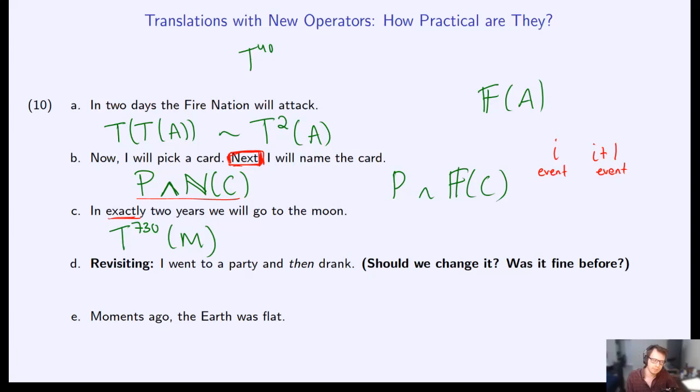We don't know the specific day or the specific month, but it's somewhere in there. In that case, how do you translate it? Because the tomorrow operator is very specific with the day. It goes to a certain day. But if you just say in 2 years, you don't know the certain day, so you have to just use an operator like the future. So that problem still isn't really fixed.